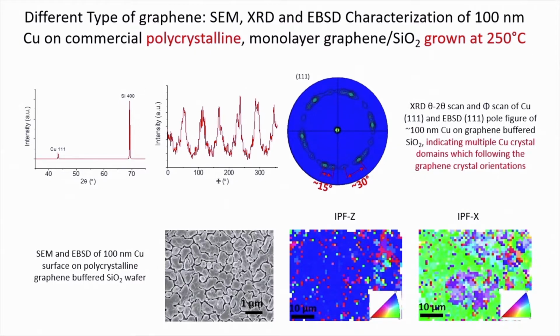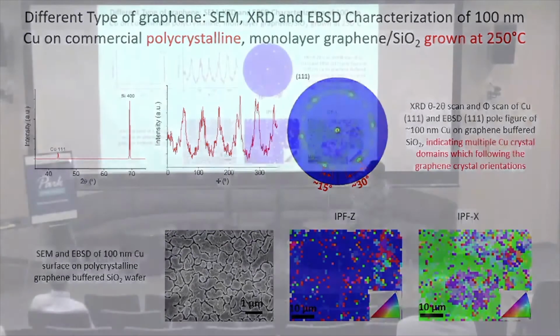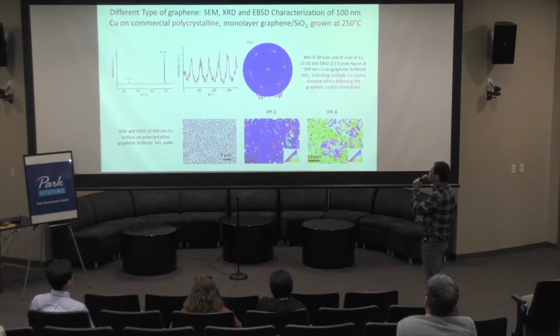When we grow the copper on these films, we can also see that the copper thin films form different crystal domains, rotated 15 or 30 degrees from the main domains.